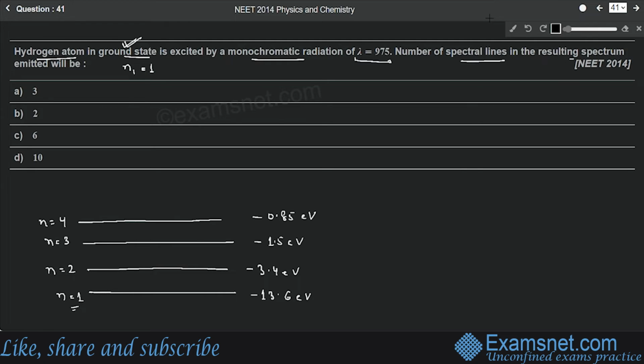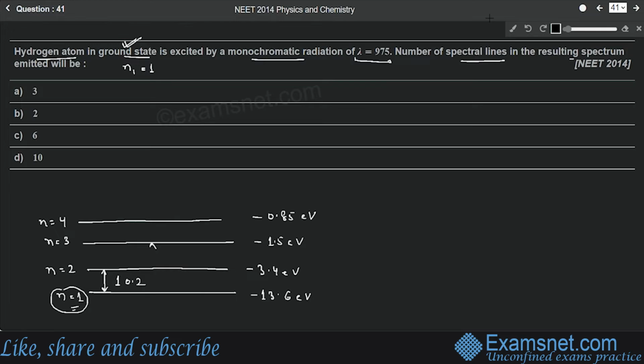So since the energies vary in different levels, therefore the difference will also vary. Difference between the first level, that is n equals to 1, and other levels will vary. For example, the difference between the energies of the first and second level is 10.2. By subtracting these energies you can get this difference.